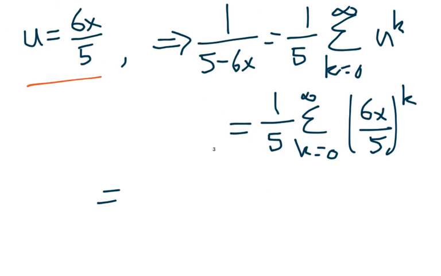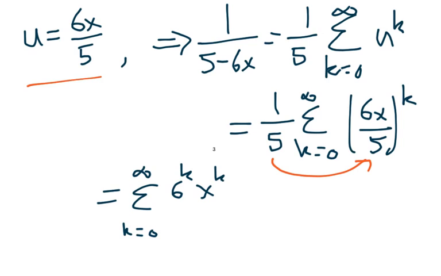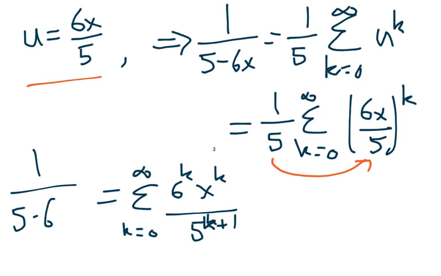I really want this to be one sum, so I'm going to bring this inside, and I have the sum from k equals 0 to infinity of 6 to the k, x to the k, over 5 to the k times 5, so that's 5 to the k plus 1. And my k's don't show up very well on here, but these are all k's. So this is equal to 1 over 5 minus 6x. So that's one part of my function.